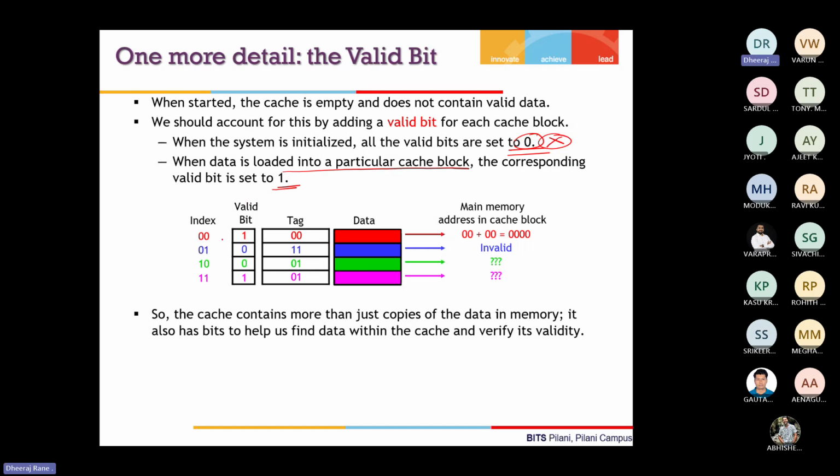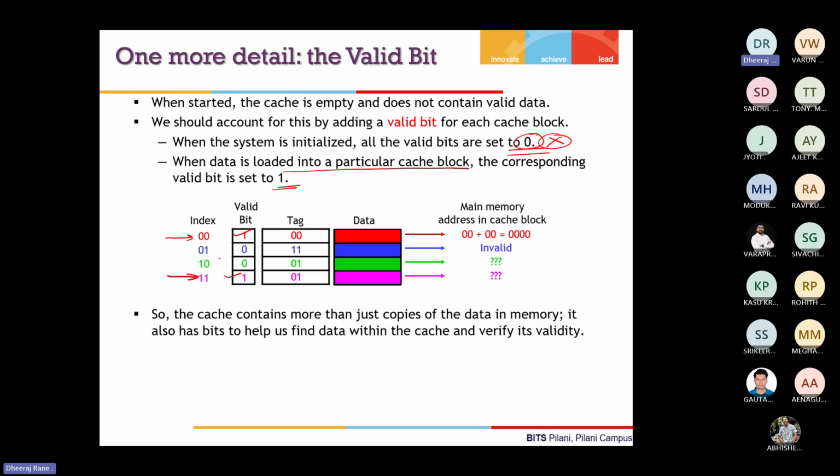Just have a look at this diagram. You can say that these are the two valid bits. This means the data in these two lines is the only valid data.